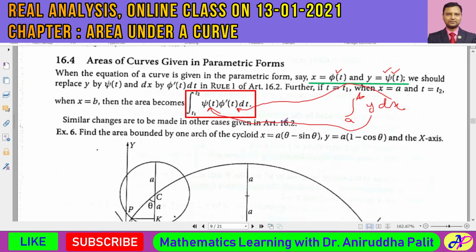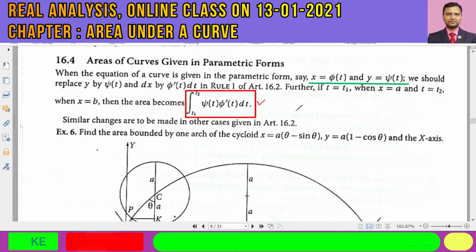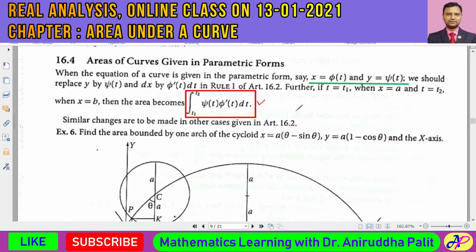Therefore, we have this representation of the area under this curve: integral of psi of t into phi dash t dt. Now the question is how to find the limits t1 and t2 in terms of t.